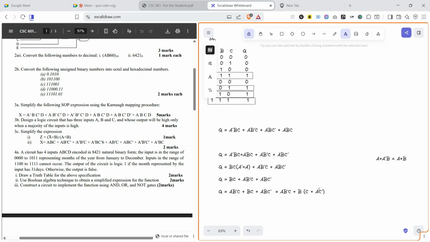This latter part is the same thing as writing C plus A bar, because this is A plus A bar B. So this is the same thing as A plus C. That's the same thing we have here. So that would be equal to AB bar C plus A plus C.